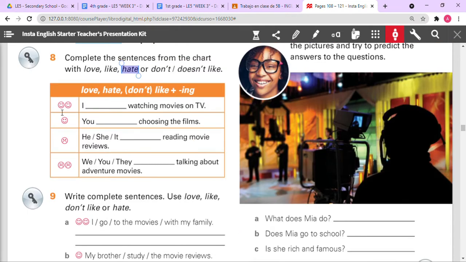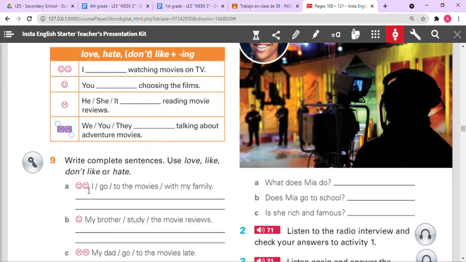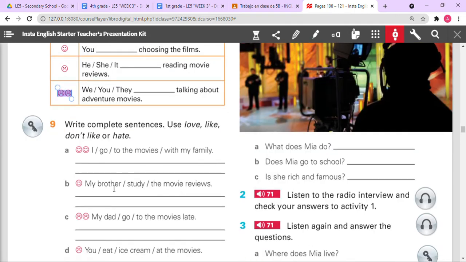Now look, remember, in this case it was doesn't like, but it could be don't like, okay? It depends. And hate. Two happy faces. Love, okay? I love going to the movies with my family. One happy face, like, okay. My brother likes studying the movie reviews.